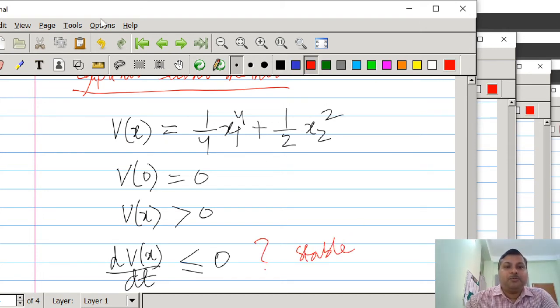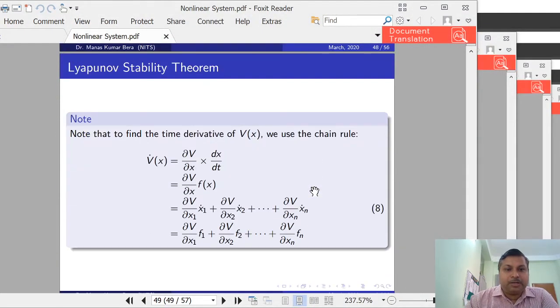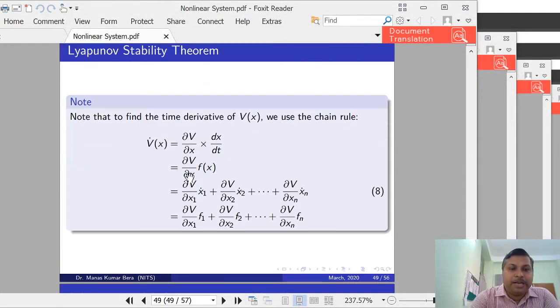So the next step is that we have to calculate the time derivative of V x. How will we do that? Now the V dot x, from our chain rule, will be del V by del x1 into x1 dot plus del V by del x2 into x2 dot, because here only two functions are there.